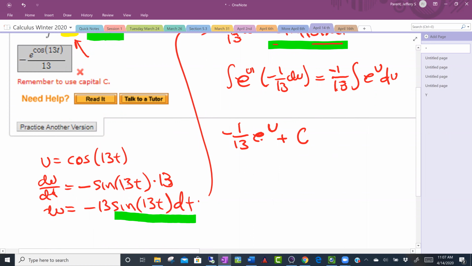Now, we're not done, though, right? Because we're trying to find the antiderivative of something in t, and right now we've got something in u. So let me finish this off. U was cosine of 13t plus a constant.